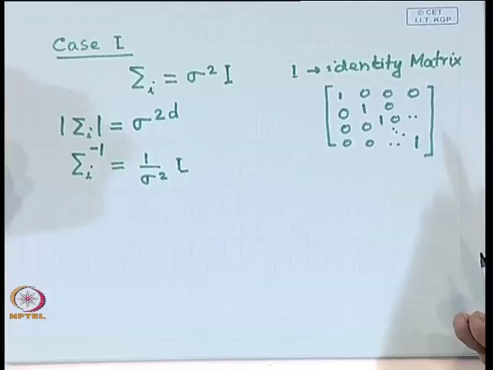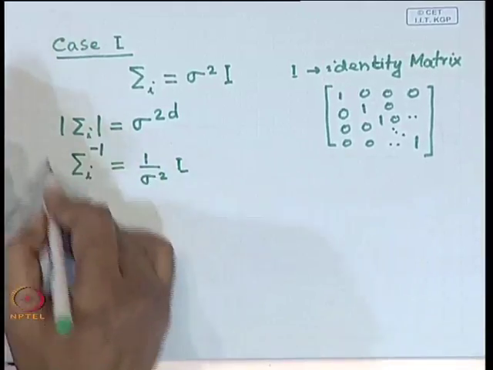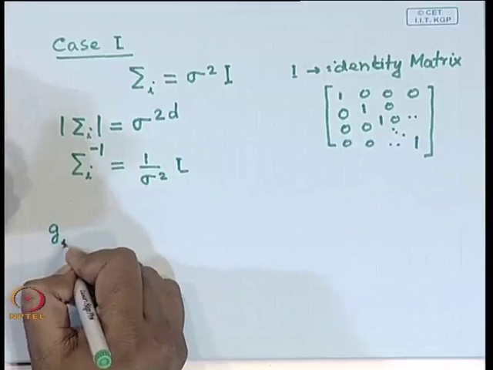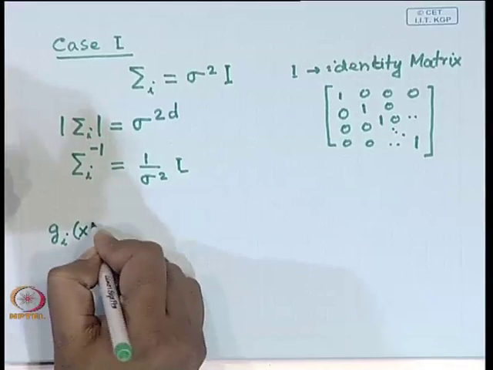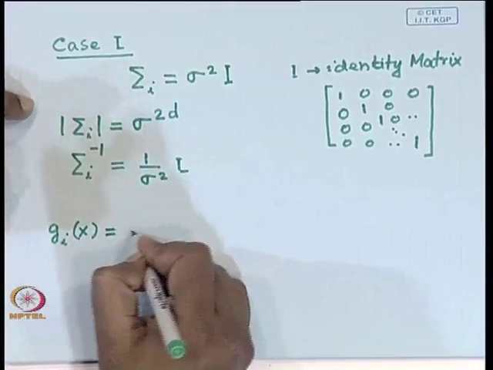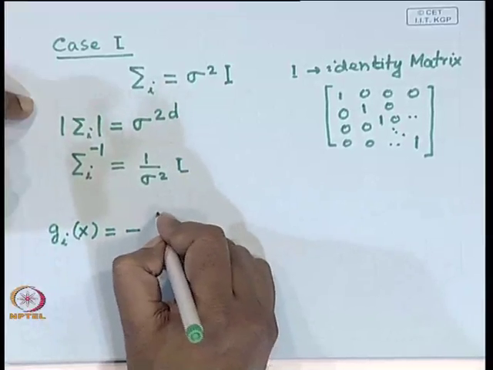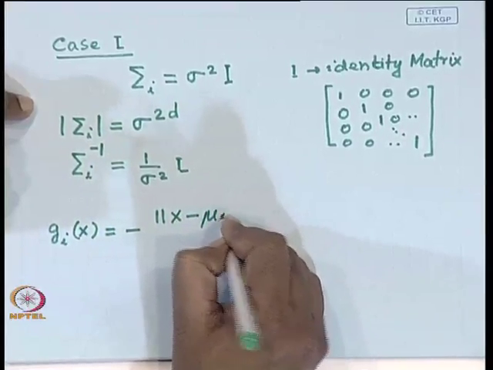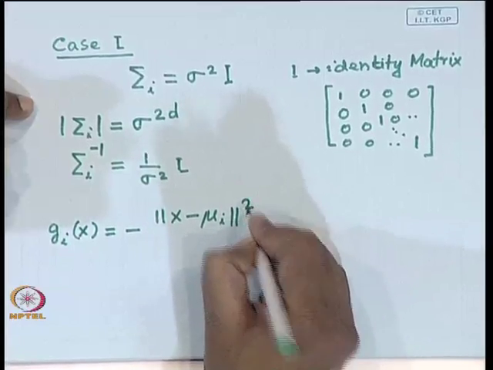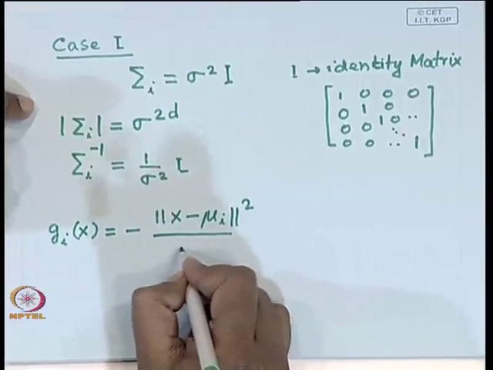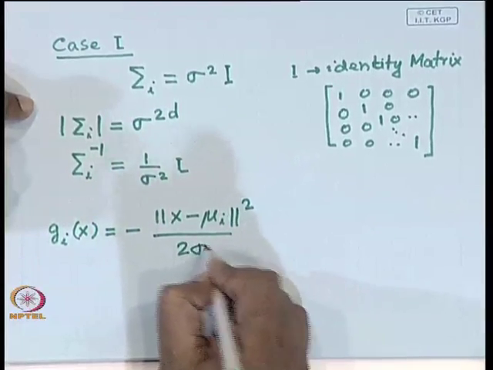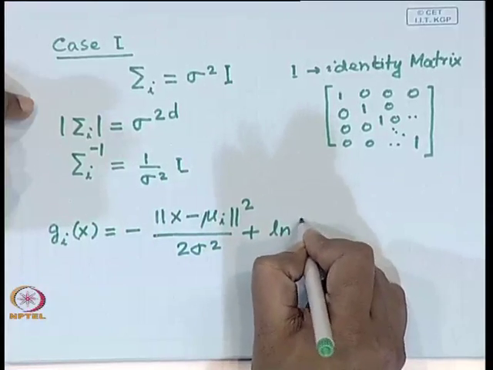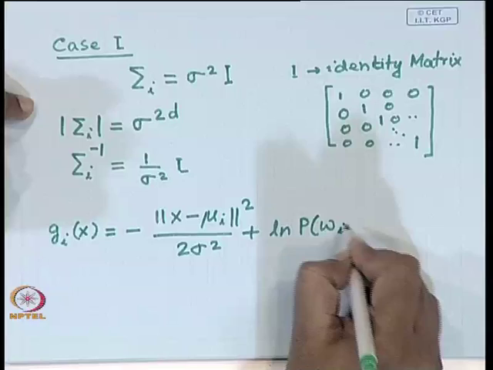Having this simplified form, the discriminant function g_i(x) will simply become minus ||x minus μ_i||² divided by 2σ² plus ln P(ω_i).